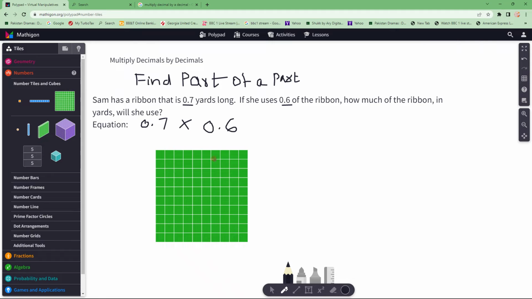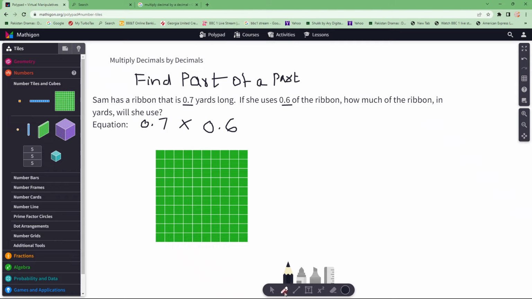And let's see how we multiply. Again, we're going to use our base 10 block. So here I have this 100, right? Each rod is 10, and this is my one whole, right? So we don't have one whole, 1 yard of ribbon, we just have 7/10 of a yard, right?